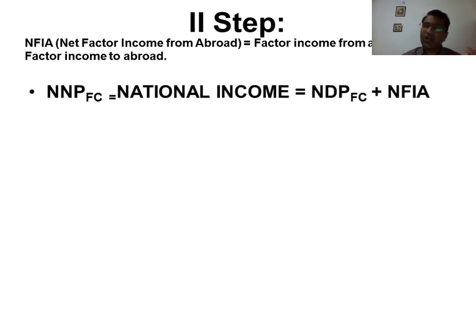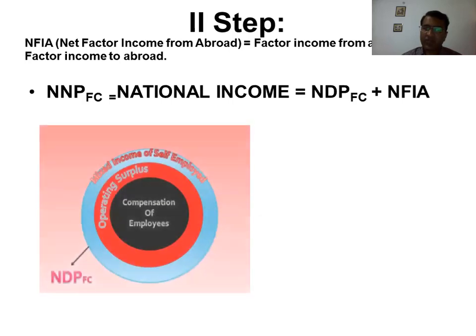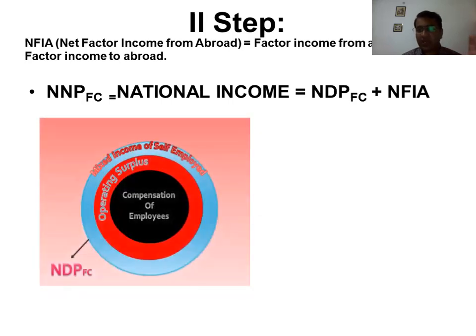To calculate national income, or net national product at factor cost, we need to add net factor income from abroad to net domestic product at factor cost. So NDP at FC plus net factor income from abroad is equal to national income. In this way, we can calculate national income.